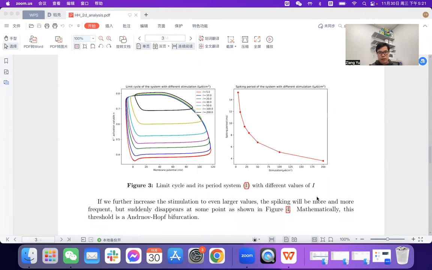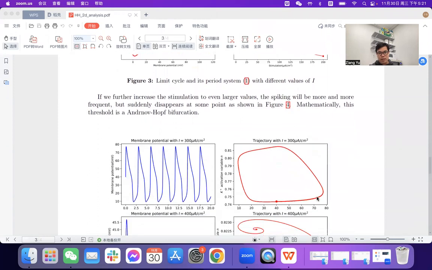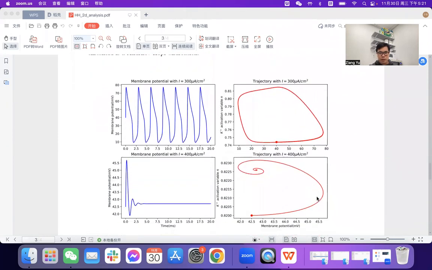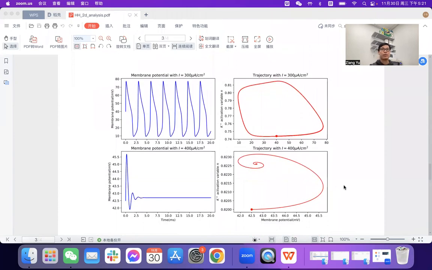Another very interesting phenomenon is that if we further increase the stimulation, we may expect that the spikes will be stronger and more and more frequent, but that's not the case. If the stimulation increases to like 400, the spike will disappear, and the neuron returns to the resting state as before.